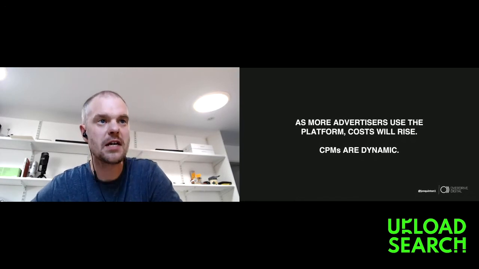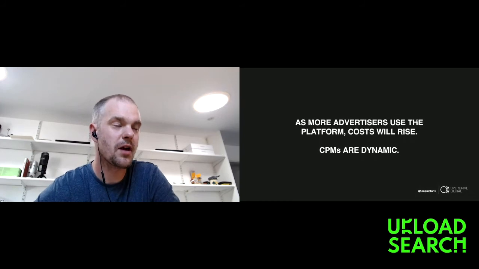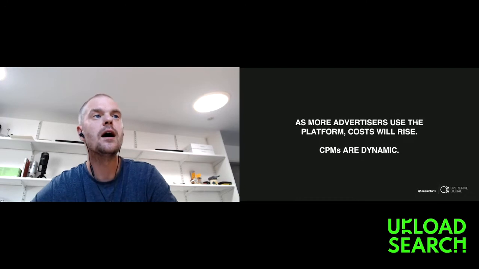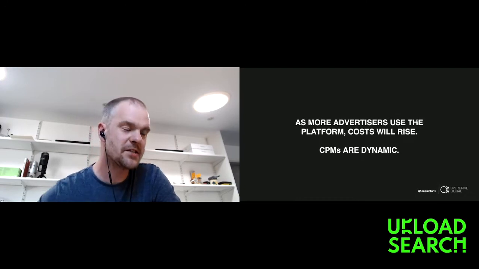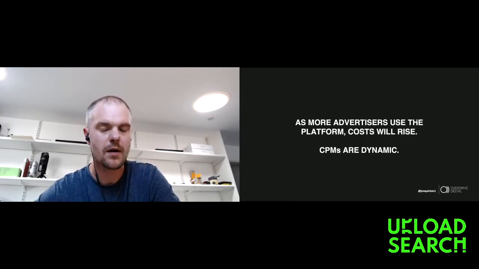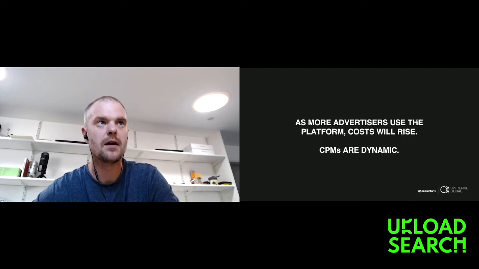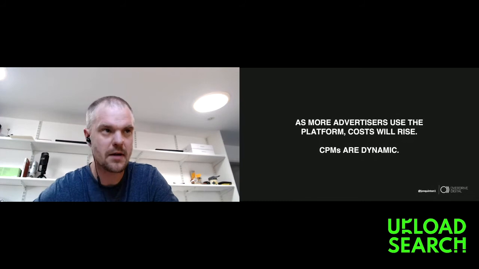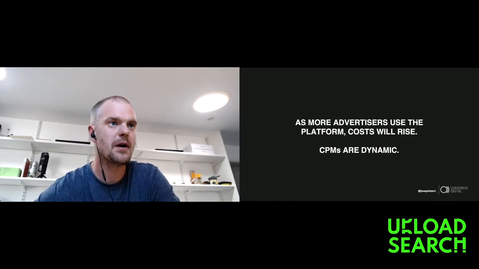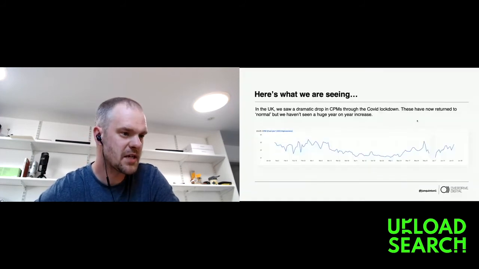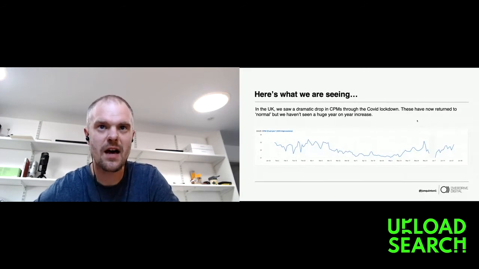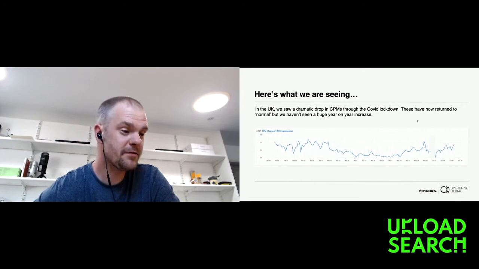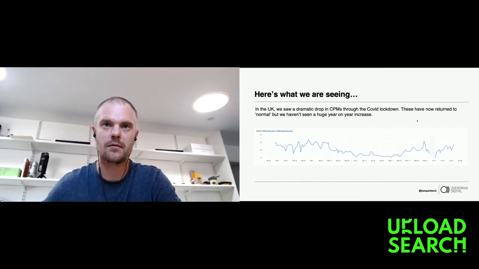So this is some CPM data that we saw through the COVID lockdown, which we're kind of still in, I suppose. So pretty much instantly, mid-March, when lockdown kicked in, for this particular client, which is a beauty brand in the UK, CPMs dropped by about 60% or up to 60%, sustained there, jumped up in May. Then we had a week off with the recent Black Lives Matter.